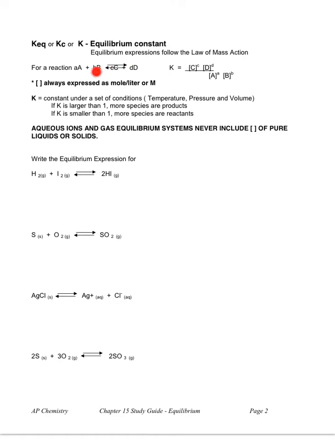Where capital letters are your substances, and the lowercase letters are your coefficients when you balance the chemical reaction. K is calculated as concentration of the products multiplied together divided by concentration of the reactants multiplied together, and everything is raised to the power of its coefficient. So how do we calculate that if you actually have a chemical reaction?